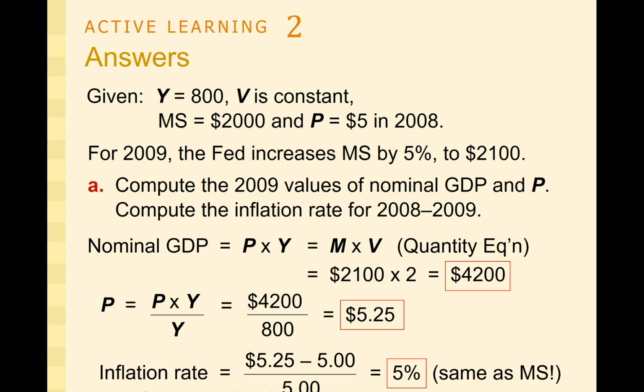And finally, the inflation rate is the change between those two values, the price level from one year to the next. So new minus old divided by old is the formula I like to use. The new information here, 2009, is $5.25. The old, 2008, is $5. So we do some simple math there, and we end up with a 5% inflation rate.